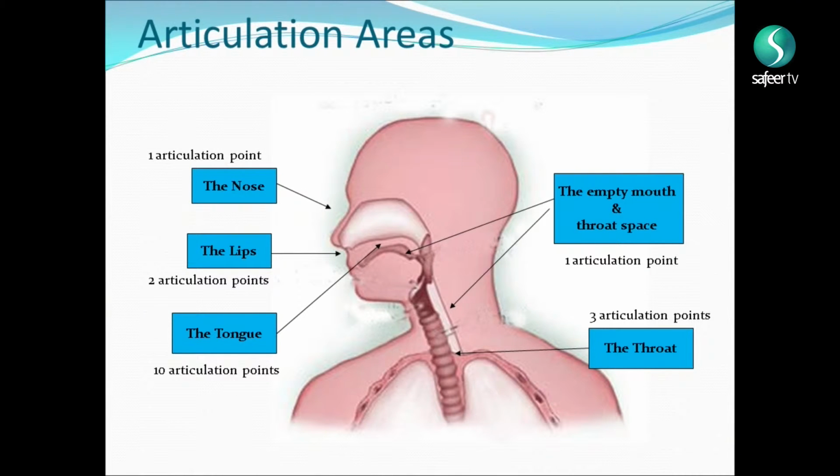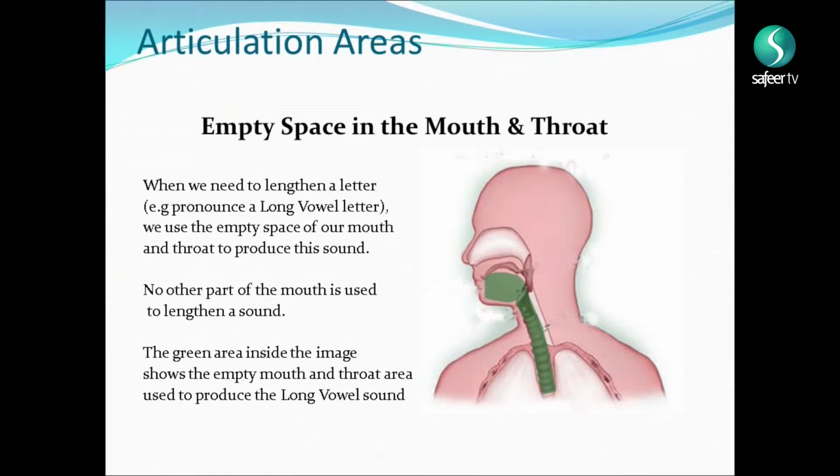We go to the next slide, and you will see the empty area, which is our jawf. We call it the empty space in the mouth and throat. It's like if you consider your room or your house, the empty space is like our jawf, and in our speech system the empty area could be in our mouth, or could be in our throat, in the voice tube, everywhere we have in the name of jawf.